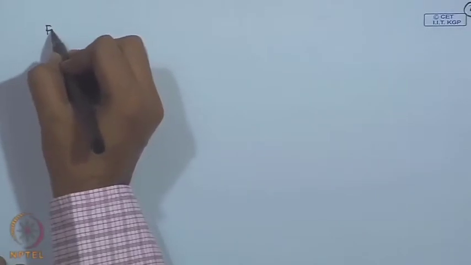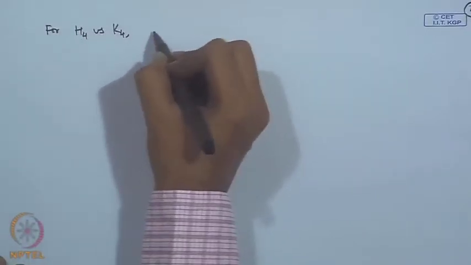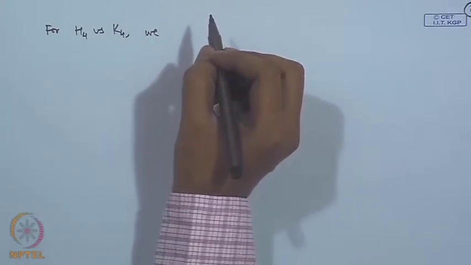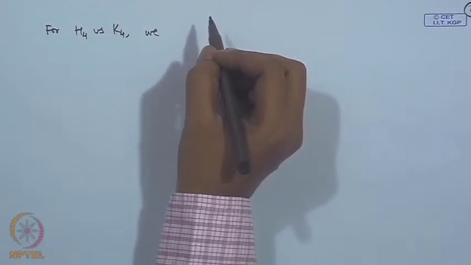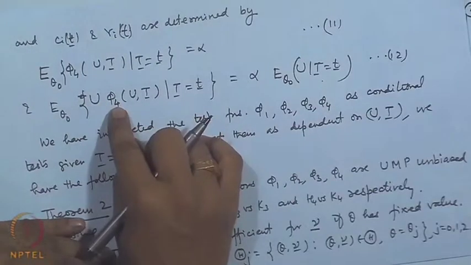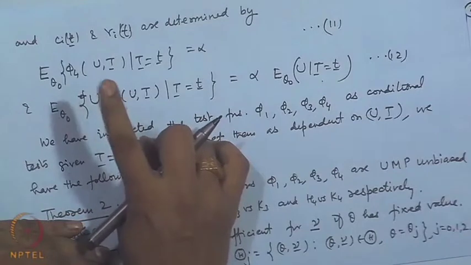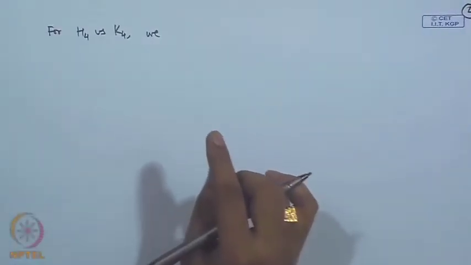Now, for the testing problem H4 versus K4, if you remember, for phi 4 we had two conditions. The second condition was involving the product of U with phi 4. So, if you translate, we need another condition that h should be a linear function of U. So, let me write it here.